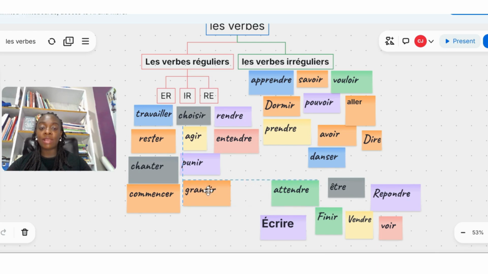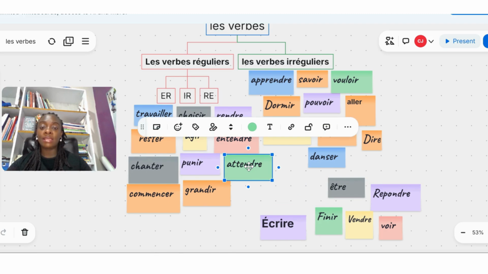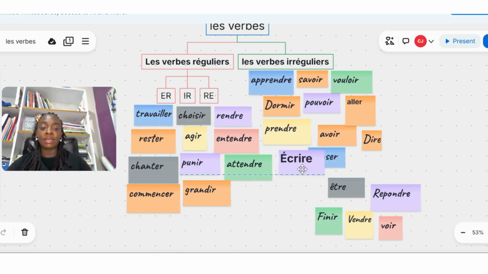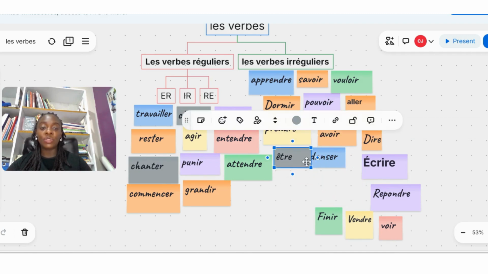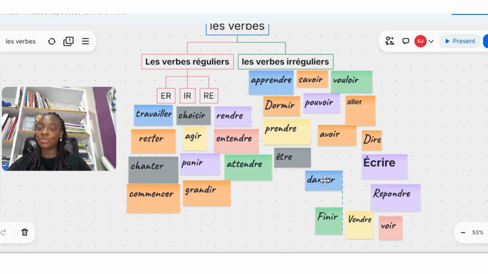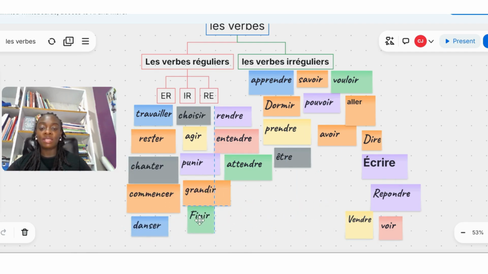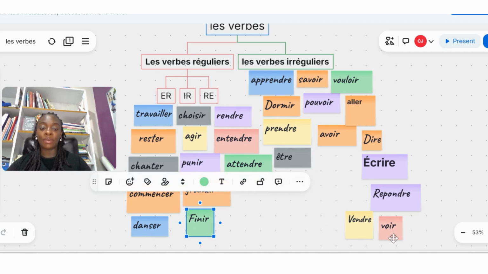Grandir is a regular IR verb. Attendre is a regular RE verb. Écrire is irregular. Être is irregular. Danser, can you guess where it goes? It goes, of course, to the ER verbs, le verbe en ER. Finir is a regular IR verb.